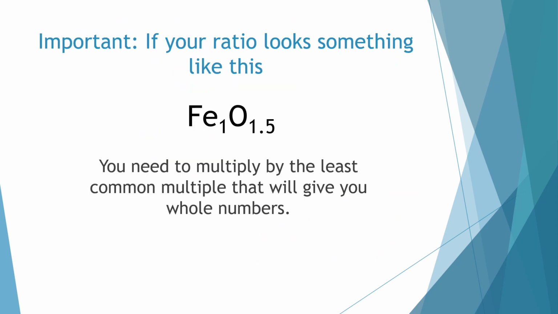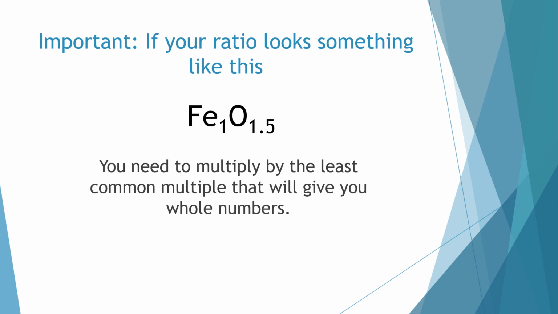Important. If your ratio looks something like this, where you divide and you end up with 1 and 1.5, you need to multiply by the least common multiple that would give you whole numbers. So if I were to distribute a 1, I'd have 1 and 1.5.